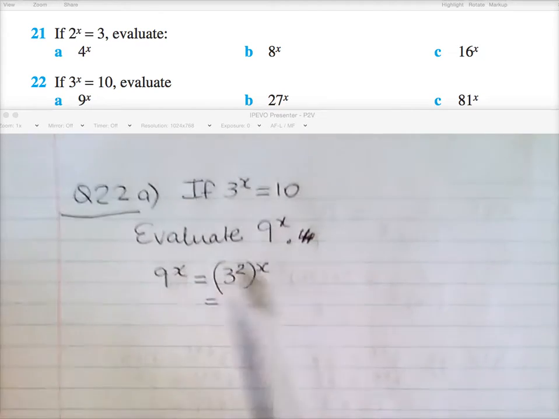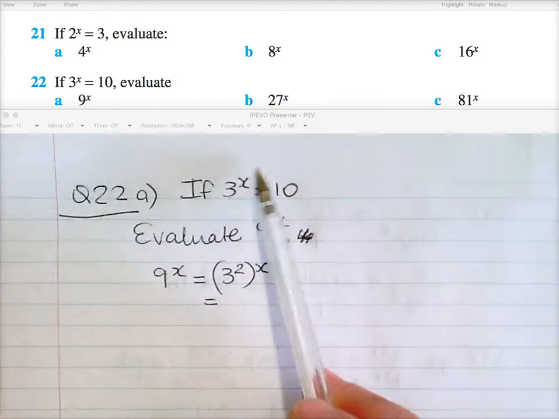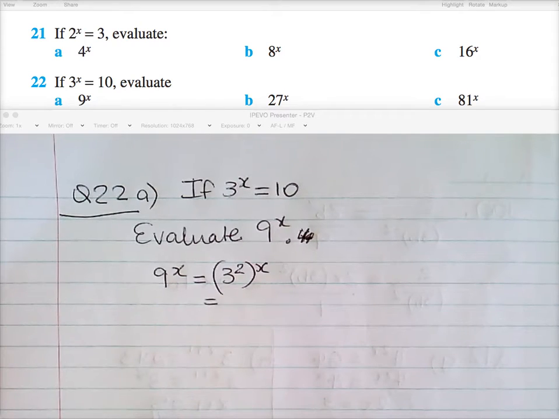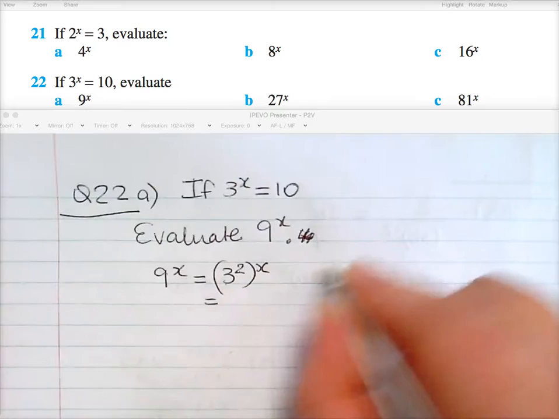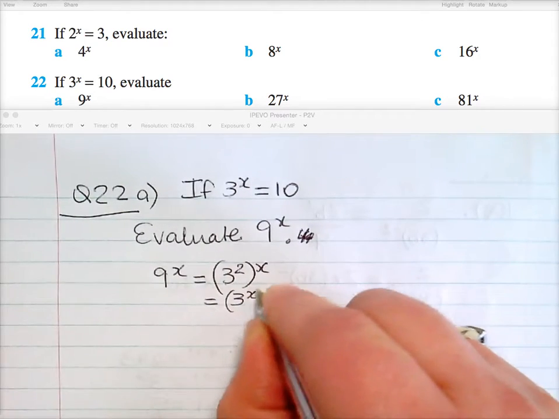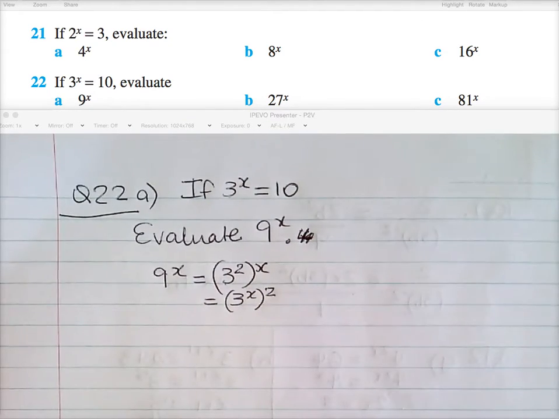The problem here is I can't substitute 3 squared. I need to substitute 3 to the power of x. So girls, doesn't this equal 3 to the power of 2x?